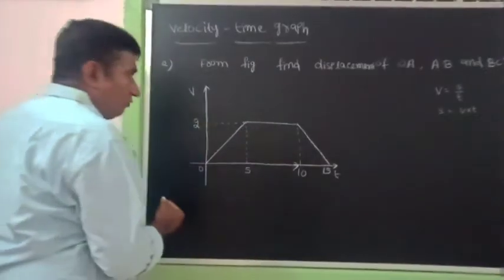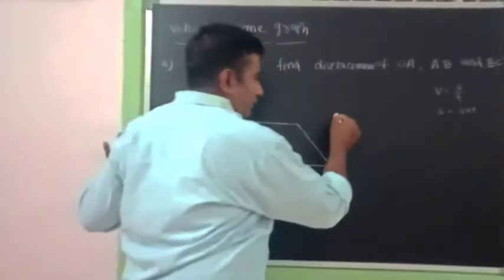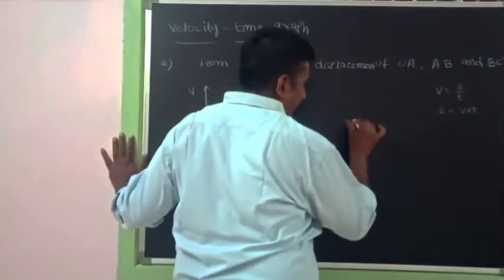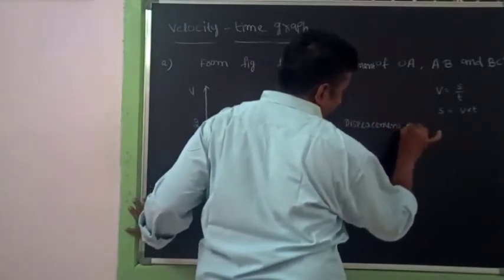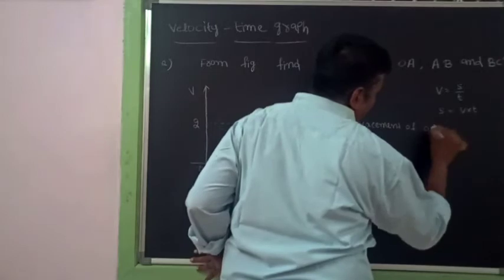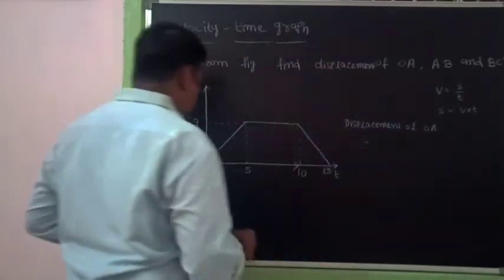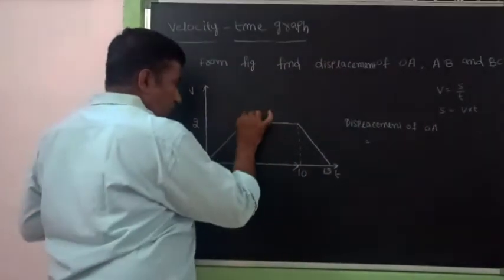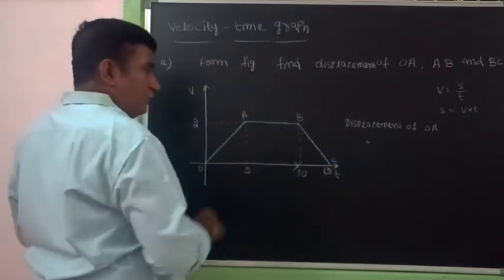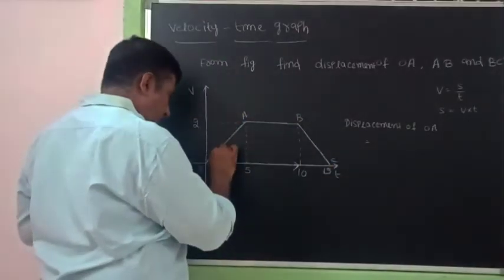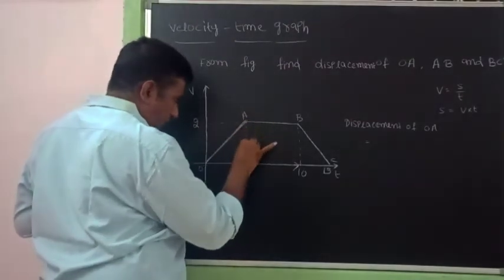First they asked for the displacement of OA. Here, if this is O, A, B and C, and you take this OA, what is the shape of this?